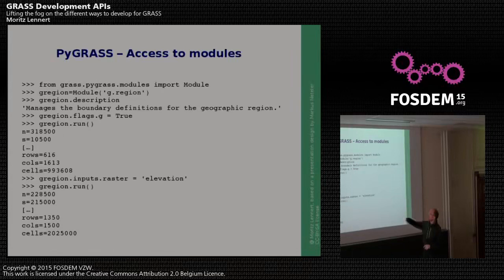So as an example here, you have the access to modules, the first layer I spoke about. You can create objects out of Grass module calls and then handle them in classical object-oriented ways. You can set flags or parameters on the way and then call your module that way.